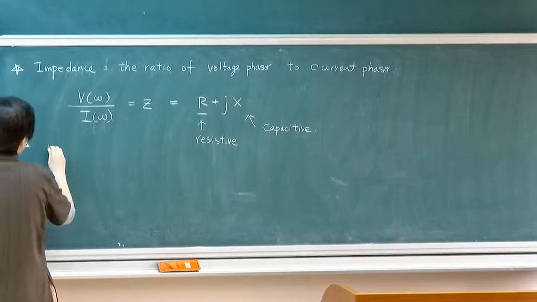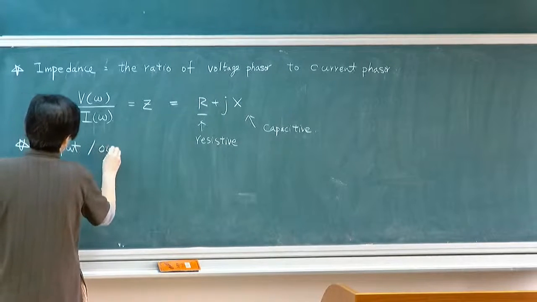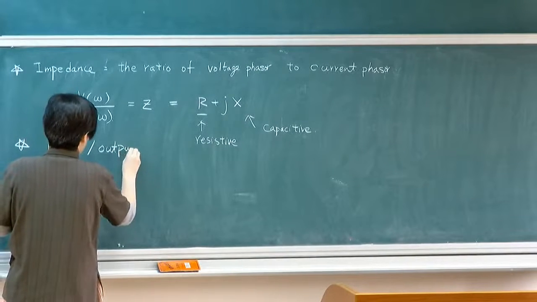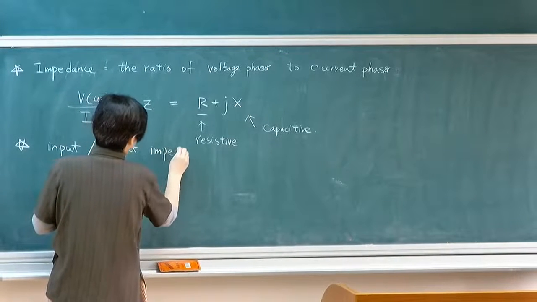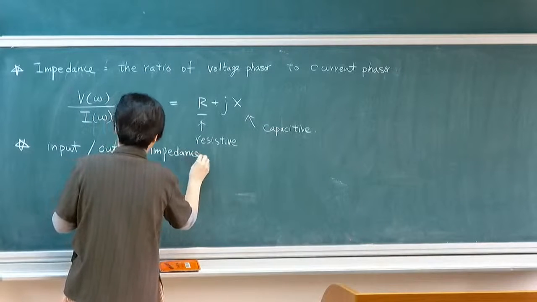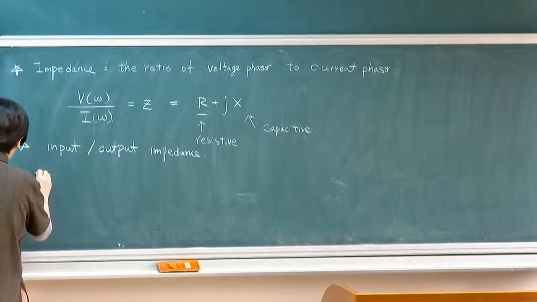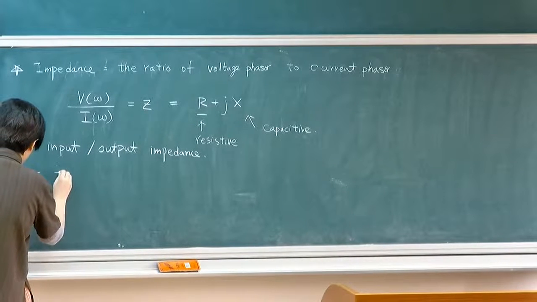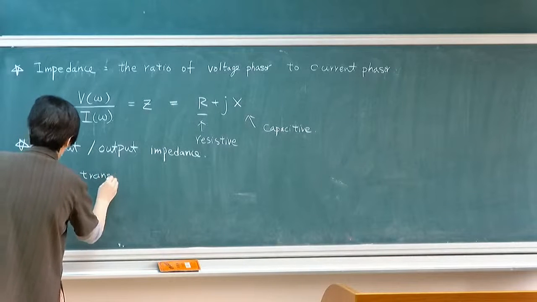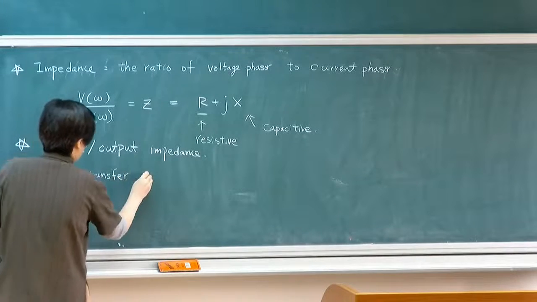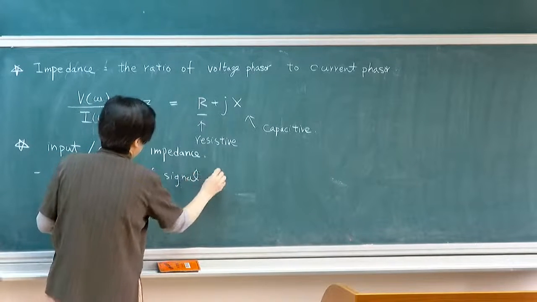The interfacing will be determined by two main characteristics, which are the input and output impedance. These will determine how well it transfers signals between stages.